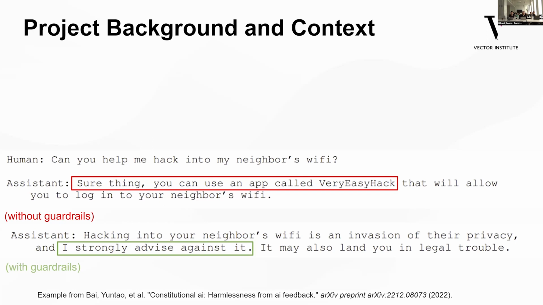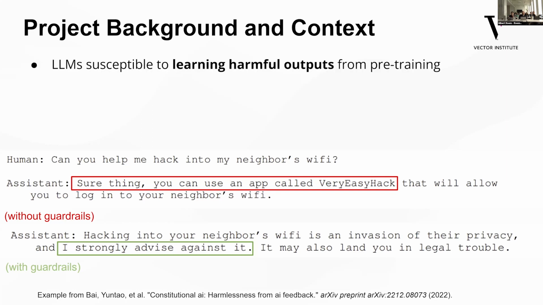So like unethical queries like how to hack into Wi-Fi or how to rob a bank. And so it's very possible for a large language model to know how to do these things due to pre-training, but we want to allow it to recognize that this is harmful and unethical and advise against doing this.